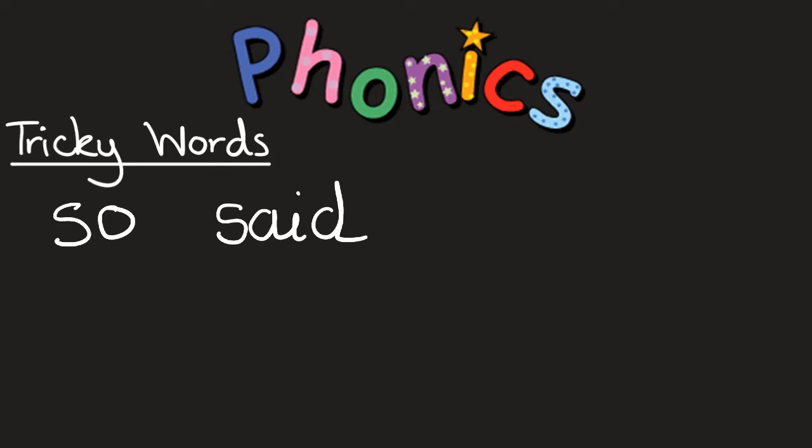Now, they're tricky because you can't blend them like we can other words. So is very similar to some other words, if you remember. So we've got go and no are the same as so, because this letter here and this letter here and this letter here, they don't say their phoneme O. They say the name of the letter O. And that's just the same as these words here.